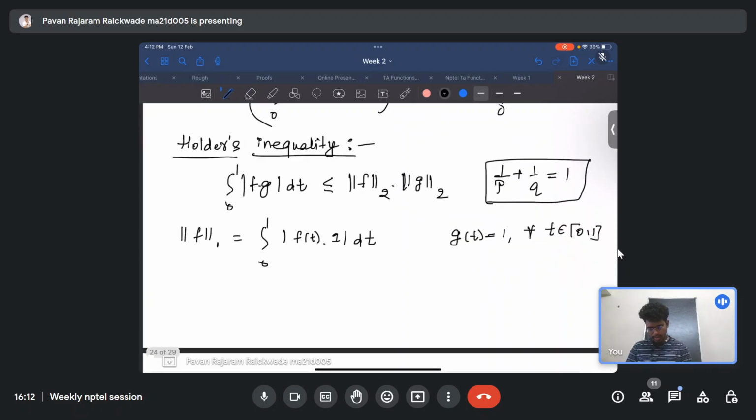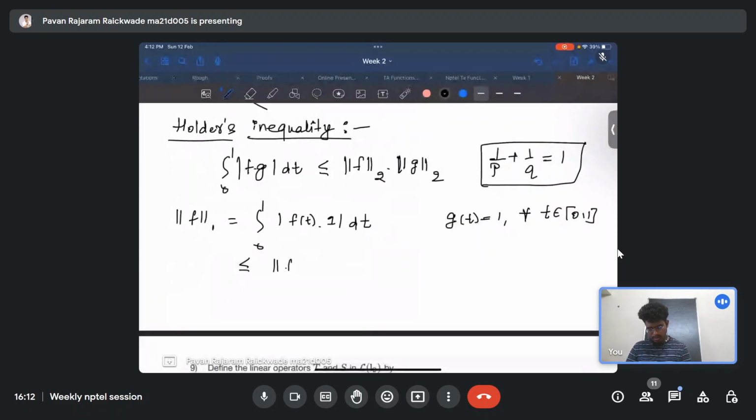So by Holder's inequality, I have this to be less equal norm f 2 norm and then constant function 1's 2 norm. But what will this be? Integral 0 to 1 dx, which is simply 1. Correct. So you directly got that 1 norm of any function f is less equal 2 norm of f.